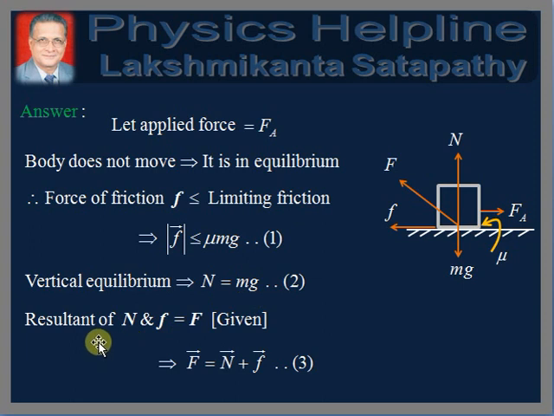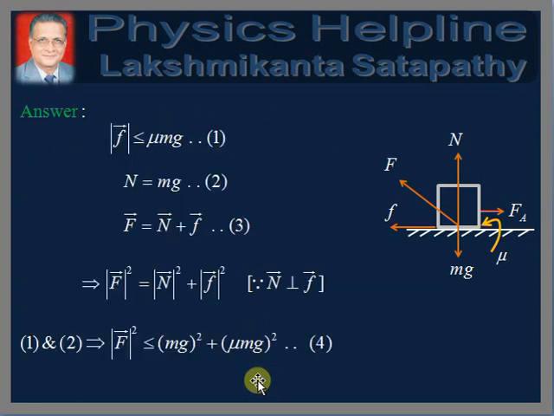Now it is given that the resultant of N and F is equal to F. Therefore, we can write F vectorially. We can write vector F is equal to normal reaction N plus the force of friction F. Now, let us consider equation 3.